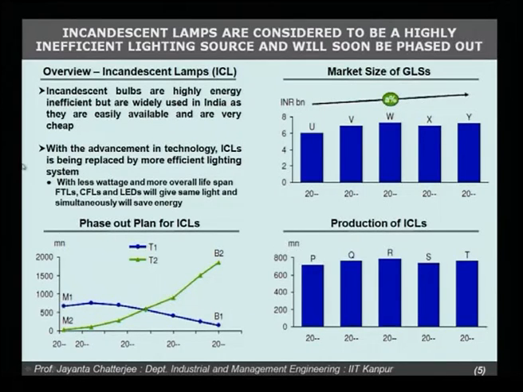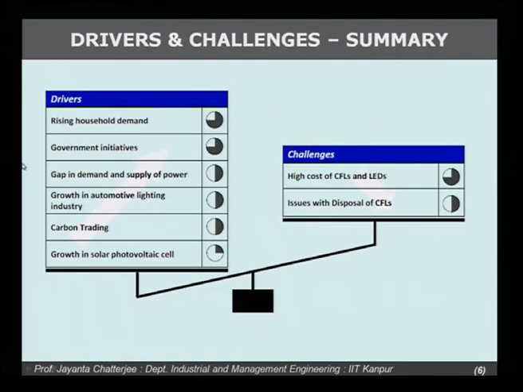Those comparative issues are explained here. So, to summarize, we have the market is growing. We will just now present some data that in India, and most of you know, that we are yet to light up all the homes in India.